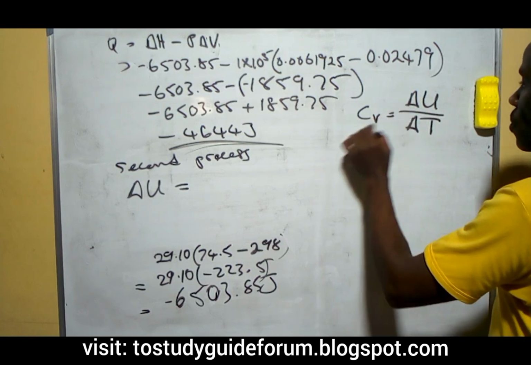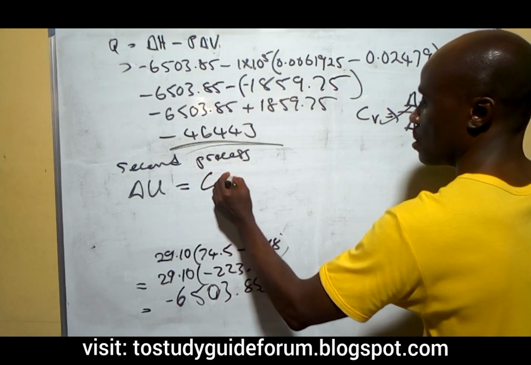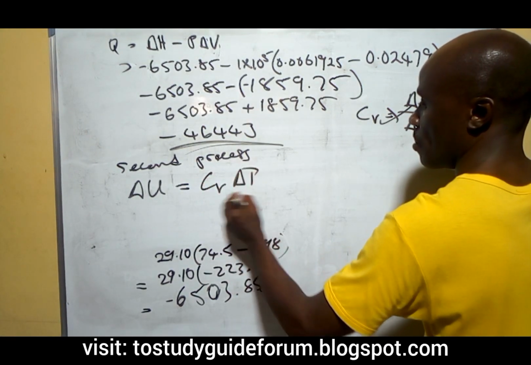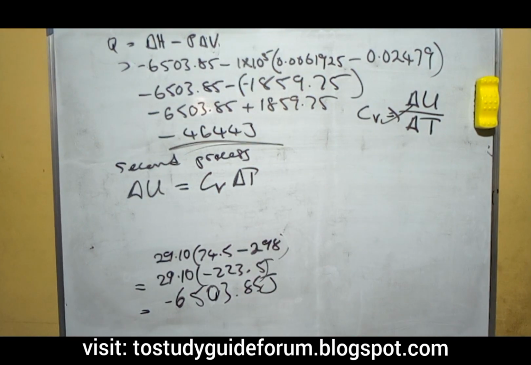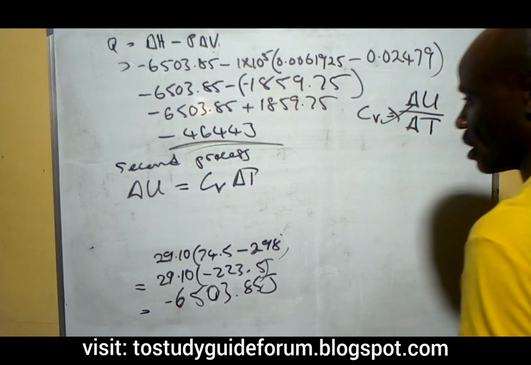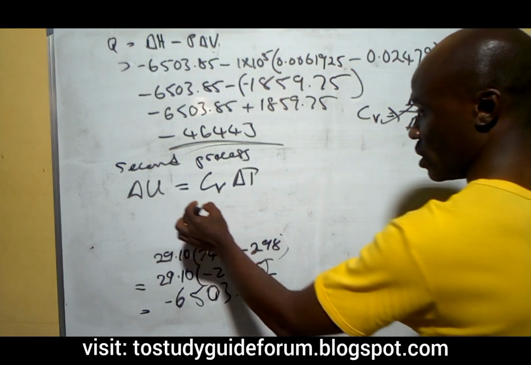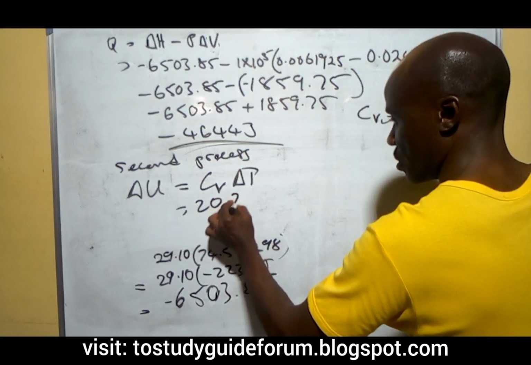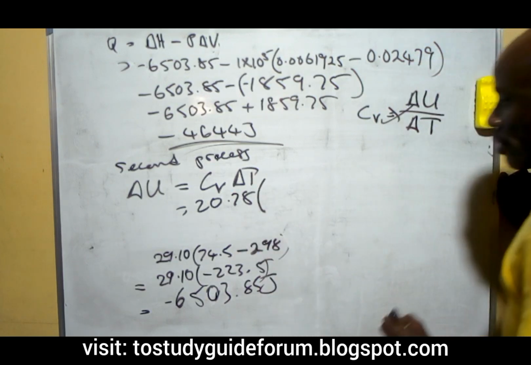So if we cross multiply, it will give us over change in time. So our specific heat capacity at constant volume, which is something as 20.78, and change in temperature.